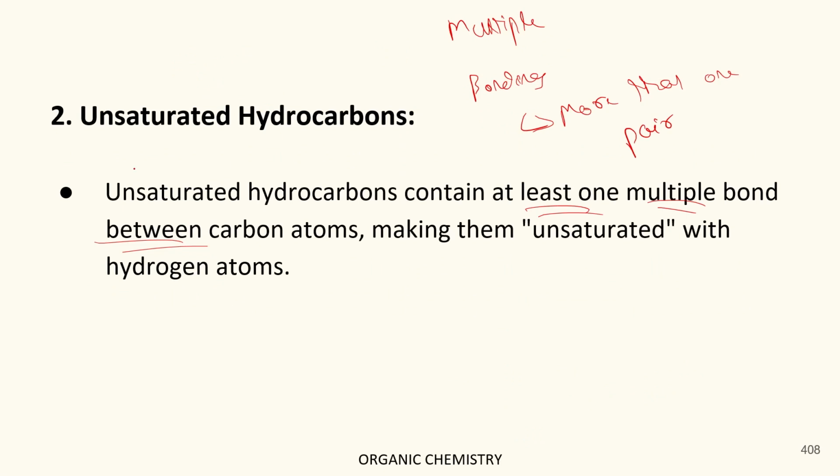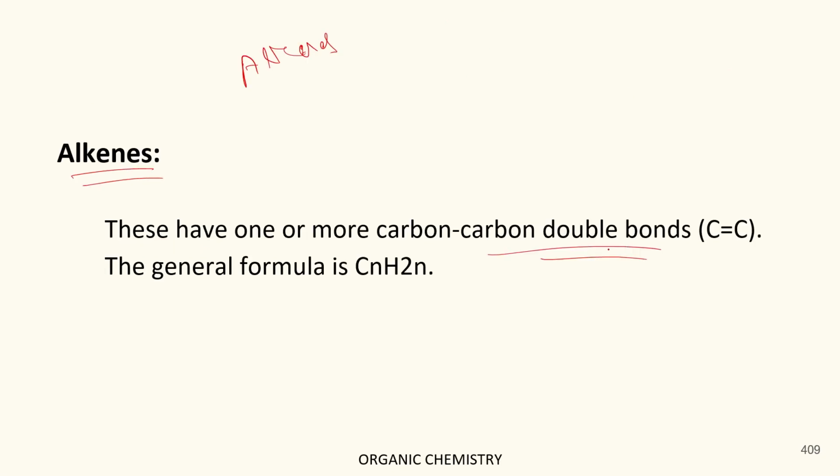But to be declared as unsaturated, there must be more than one pair, or you can say at least one multiple bond between carbon atoms. If there is no multiple bond, then it is a saturated one. But if there is multiple bonding, then it is an unsaturated hydrocarbon. Got it? Now let's move forward.